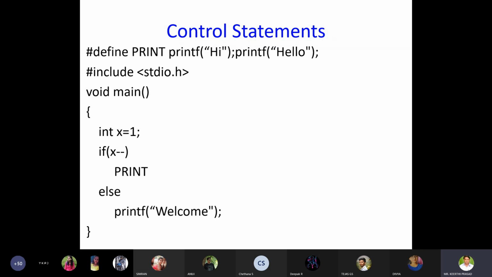Okay. Now tell me, what are you expecting from this statement? We have a hash define statement. Hope you know the meaning of hash define macro. What happens when this program compiles or executes?